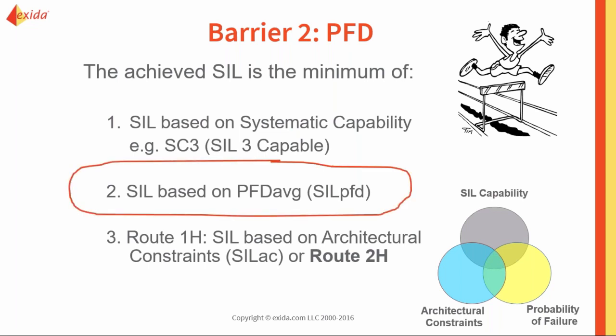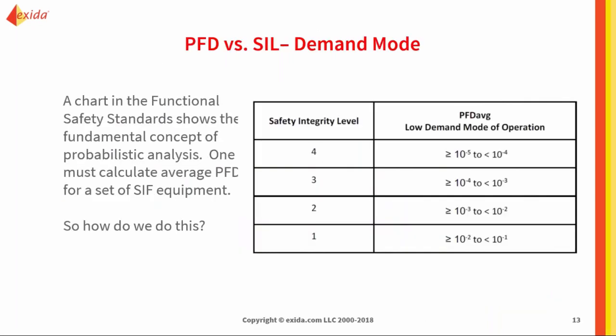Because most of the process industry is in low demand mode of operation, I'm going to talk as if we're in low demand mode. Everything's slightly different if you're in high demand or a dynamic application, and that would be PFH instead.